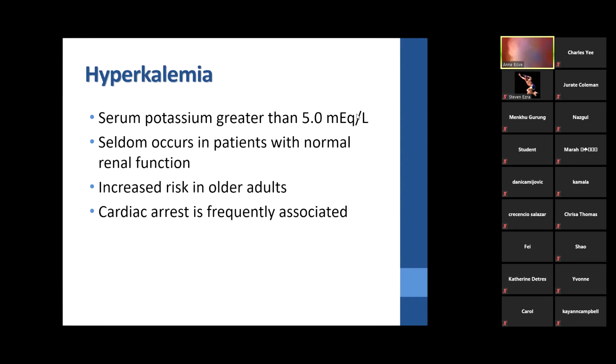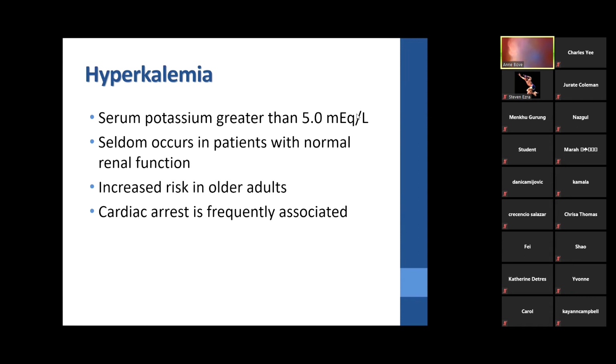Now, hyperkalemia is if you go above 5, and it usually occurs in patients in renal failure. It is at a higher risk in older patients because they have decreased renal function. The reason cardiac arrest is associated with it is because, as I mentioned earlier, hypokalemia is related to cardiac irritability, so you have PVCs.